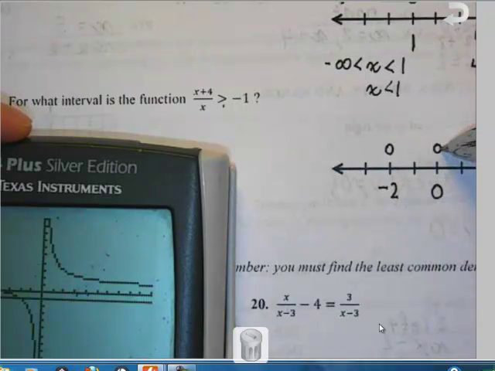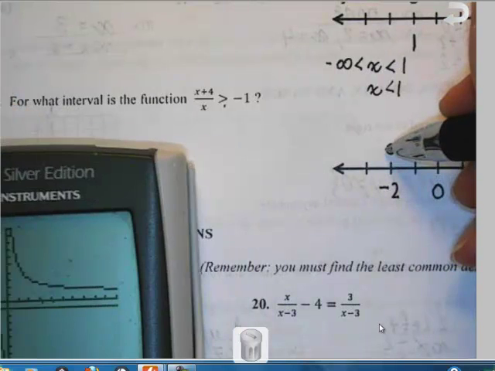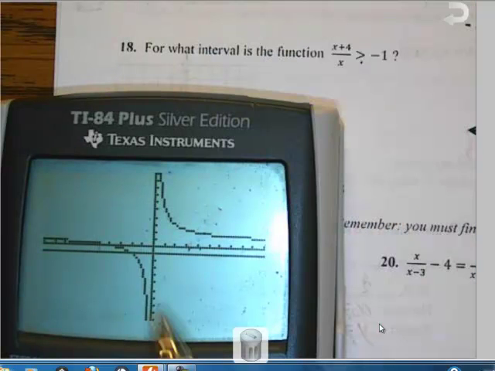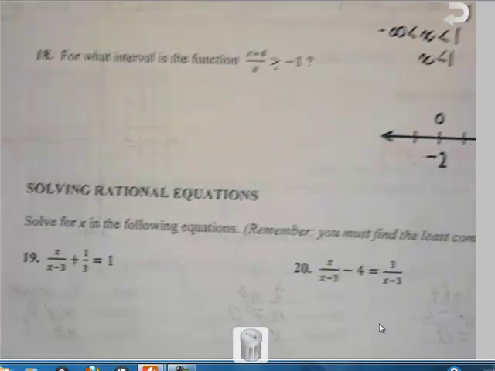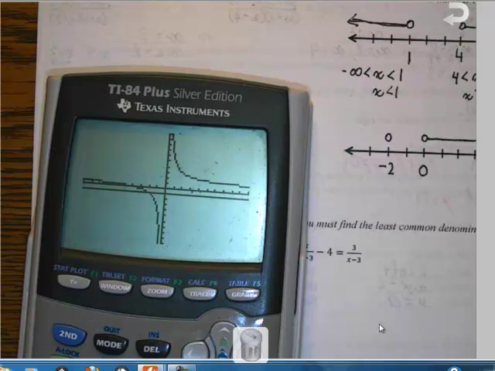So everything to the right of the asymptote is above, and everything between the point of intersection and the asymptote is below. Everything to the left of the point of intersection is also above the line. And so, because of that, let me zoom out so you can see the picture in its totality.